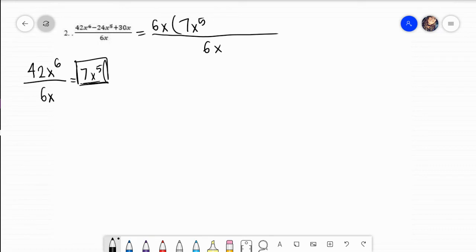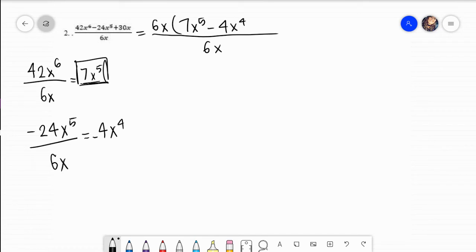We have negative 24x to the 5th divided by our GCF, which is 6x. 24 divided by 6 is 4. Signs are different, so it's negative. X to the 5th divided by x is keep and subtract. That negative 4x to the 4th goes right there.